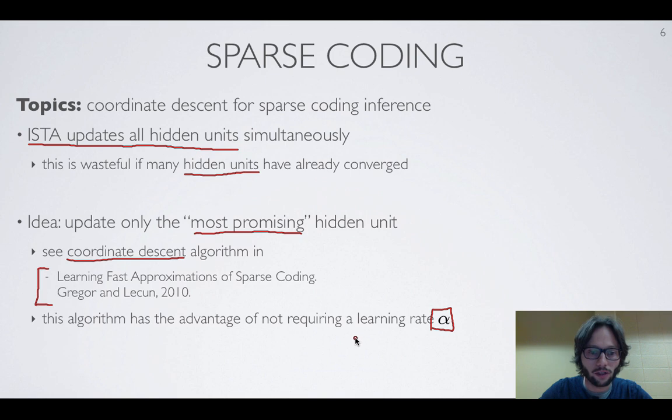So if you want a faster algorithm that also has the advantage of not requiring specifying a learning rate for doing inference, I suggest you look at this particular paper. All right, so that sums up what we had to say about how to infer sparse codes for a given input.